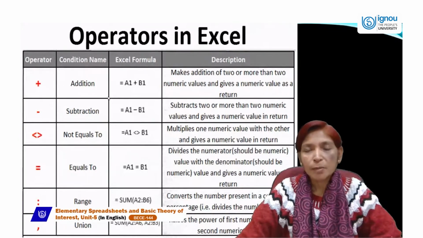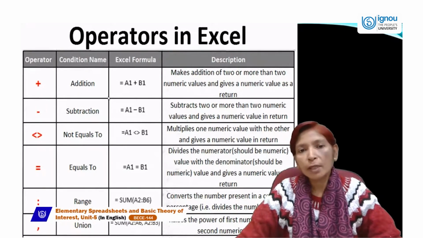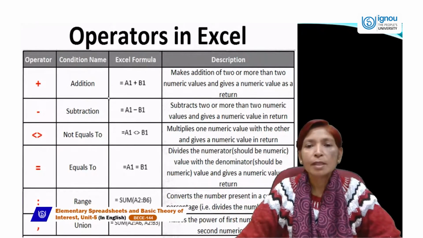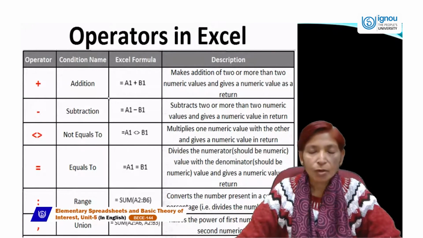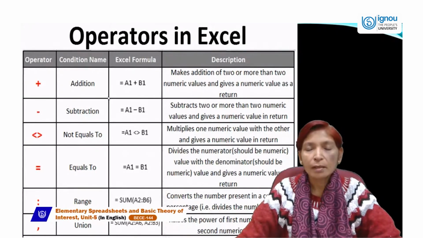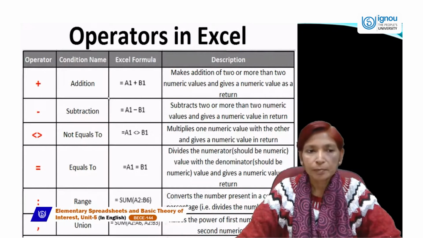And what is the description of this? It adds two or more numeric values and gives a numeric value as a return. Because if we add two things, then we will get one numerical value, that is called addition.